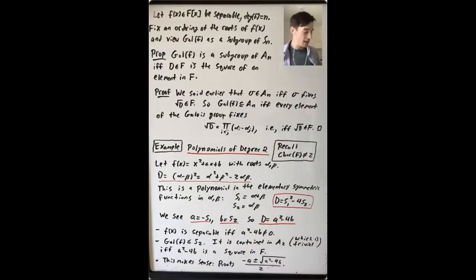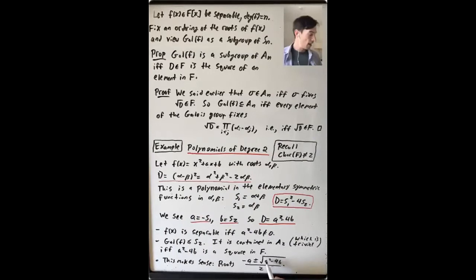Okay, so let me just say, this makes sense. This matches up with our earlier discussion of roots of quadratic polynomials, because we showed that the roots were given by negative a plus or minus the square root of a squared minus 4b, over 2. So we get the same root for both plus and minus if and only if the thing under the square root sign is 0.